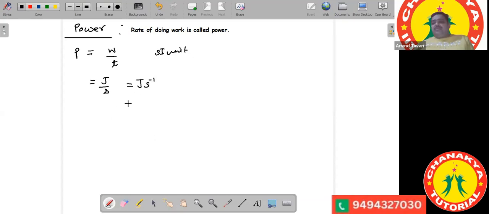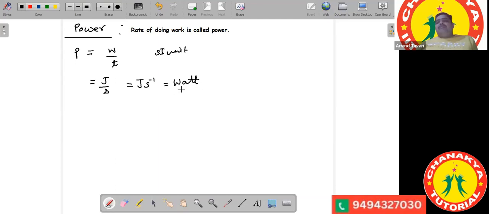The same unit, joule per second, is also called watt. So remember, watt is the SI unit of power.